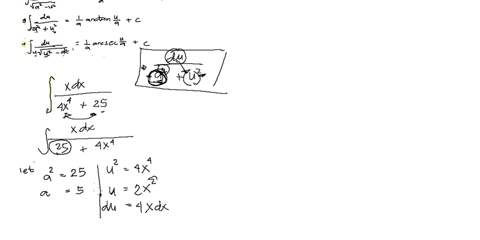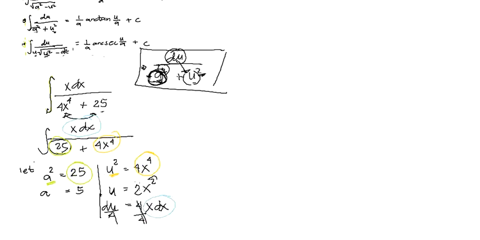Then going back to our main integrand, we can now use the change of variable. So we have 25, which is equal to a squared, and we have 4x^4, which is equal to u squared. Then our x dx here, we can get our x dx, but we need to divide it by 4. So the value of our x dx is just equal to du all over 4.